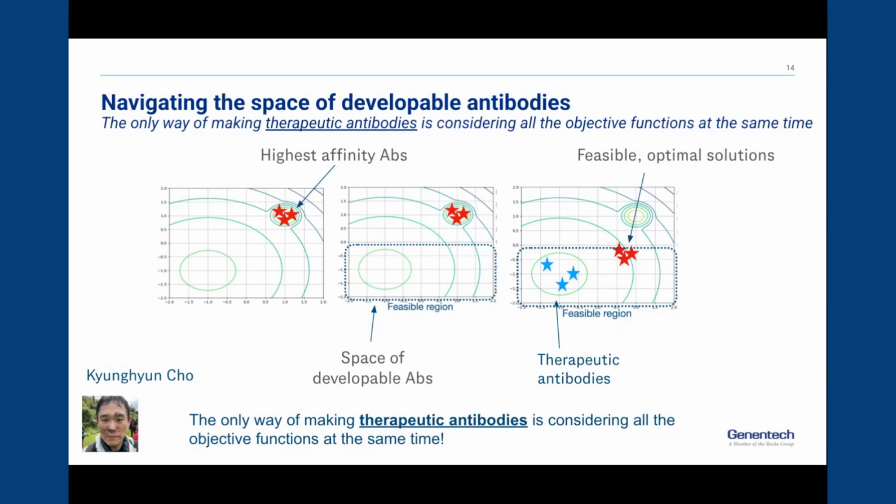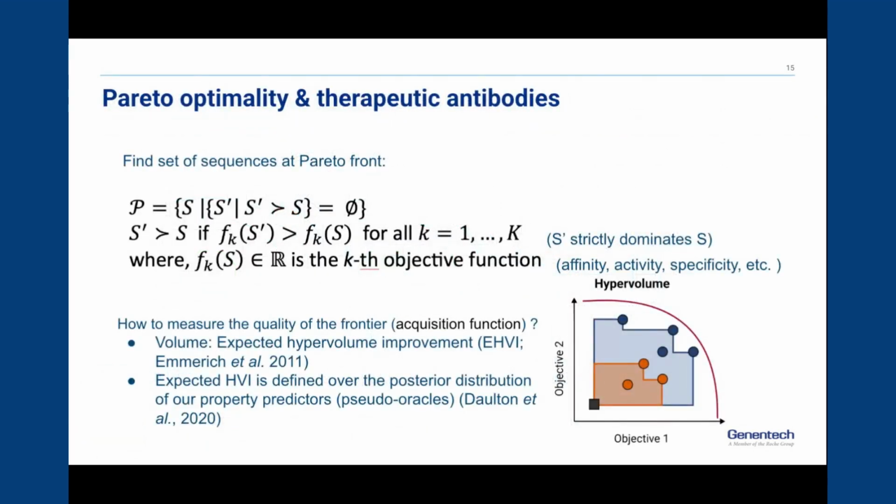So that's the way we like to say that we stay at the Pareto frontier, right? We need to ensure that we are not making changes in a way that destroys other properties while improving some other properties. For that purpose, we use a black box optimization, Bayesian optimization with a multi-objective function.